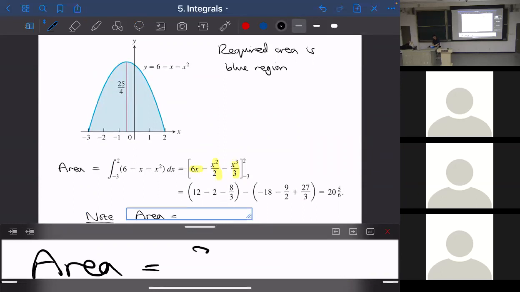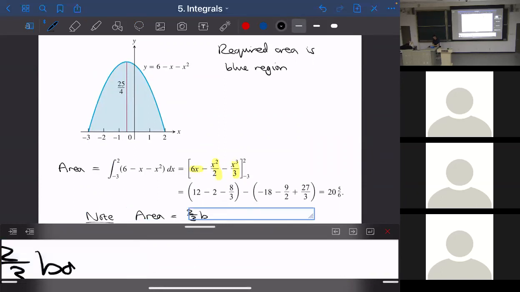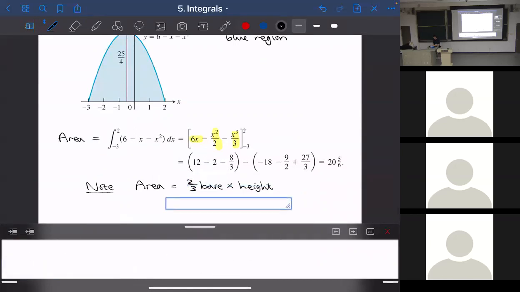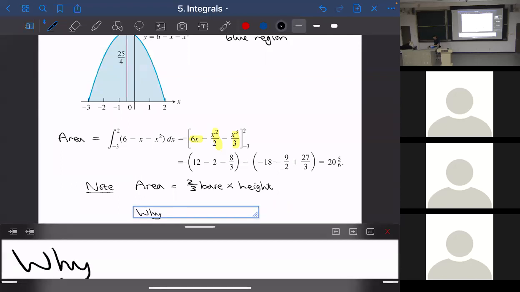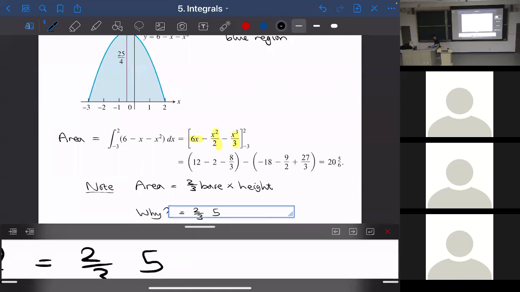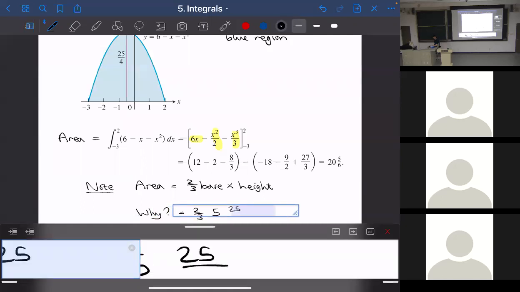is equal to 2/3 base times height. So why? Well, this equals 2/3. The base is 5, and the height is 25/4.